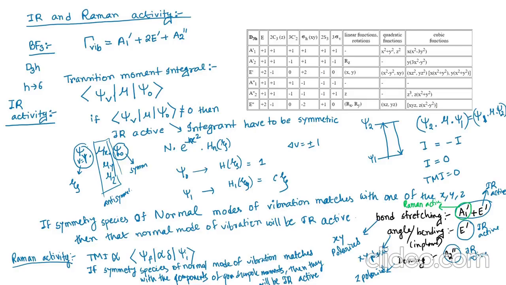E dash is also Raman active, as you can see there is the quadratic term x square minus y square. What about A2 dash? A2 dash is only IR active, Raman inactive.